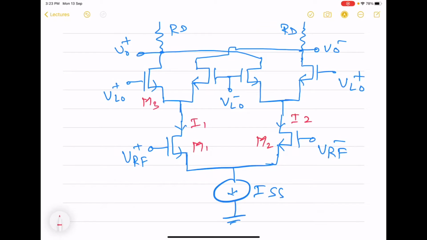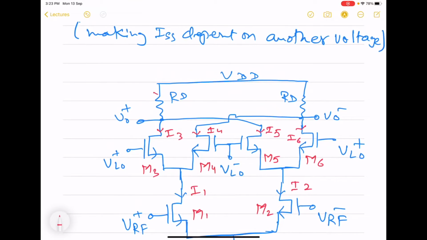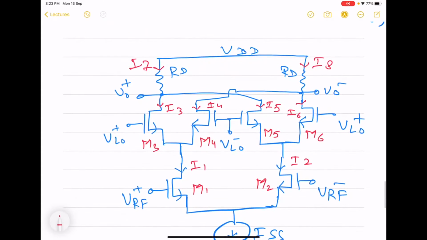Then we have M3, M4, M5, M6, and each of these currents I3, I4, I5, I6. So these are for the individual MOS, and then their currents they combine to give rise to final currents I7 and I8, which are responsible for the outputs VO plus and VO minus.